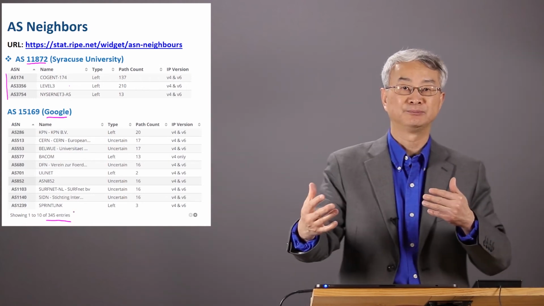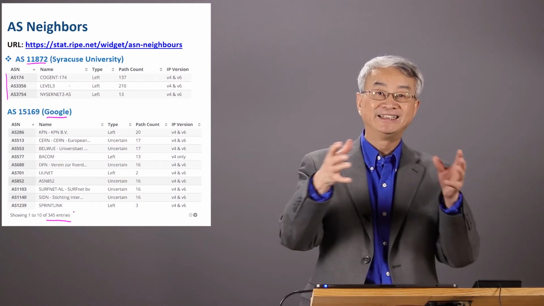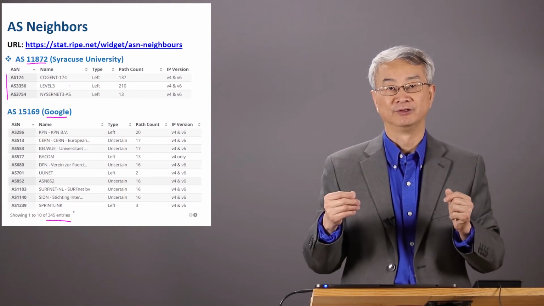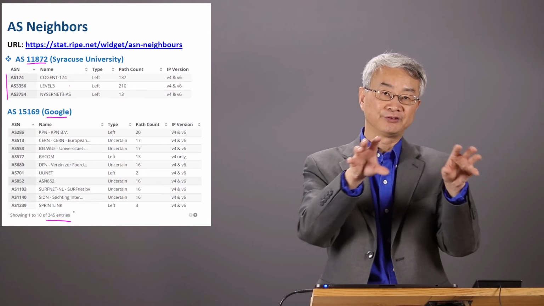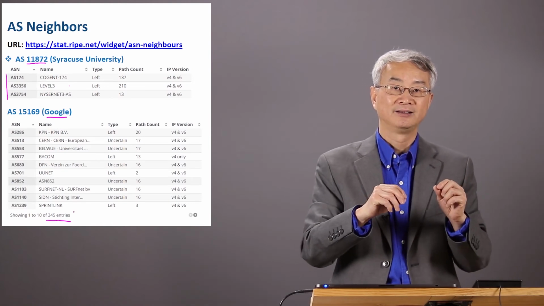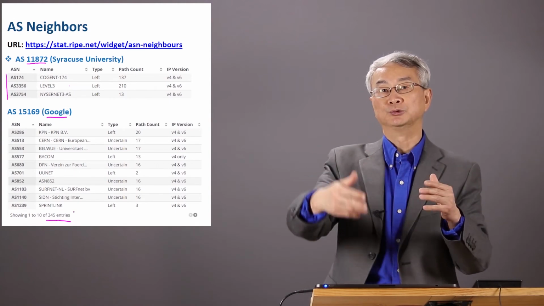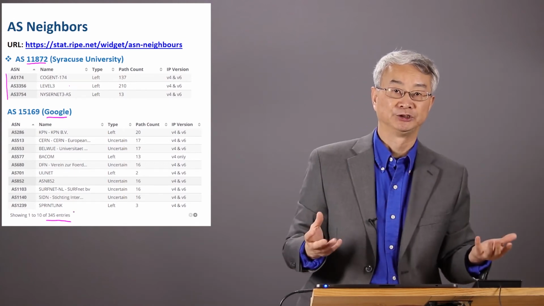Google wants the customer to reach them faster. So they want to reduce the distance between the end user and their server. So how do you do that? If you only peer with a small number of autonomous systems, then across the globe, people have to travel through several autonomous systems in order to get to your neighbors and eventually get to you.